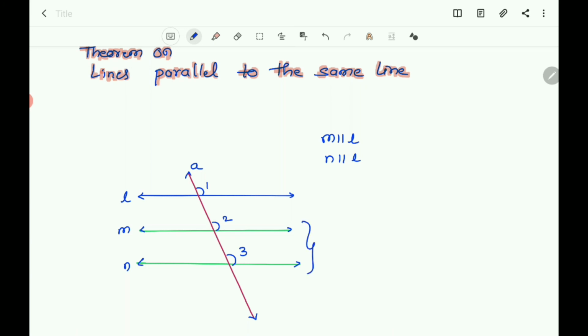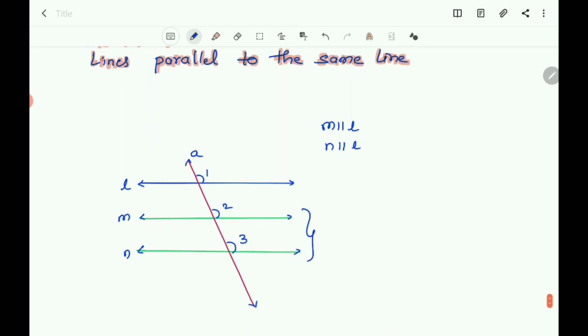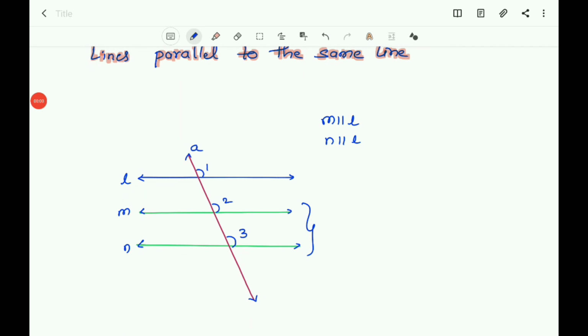So let us verify how they are. And here there are three angles made at the point of intersection of three lines. Here you consider angle 1, angle 2 and angle 3, which are at the point of intersection made by the transversal of these three lines.